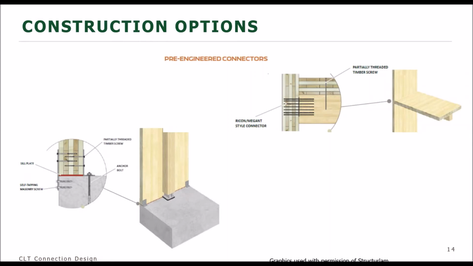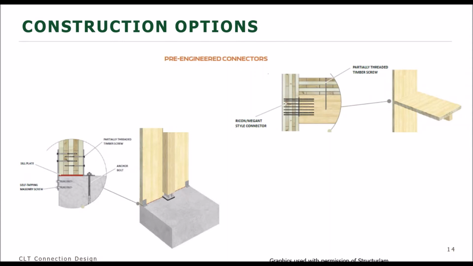There's also a wealth of so-called pre-engineered connectors showing how CLT panels can interface with other products that aren't CLT. For example, you might have a CLT wall interfacing with a concrete slab for a podium or for a foundation or for whatever reason.